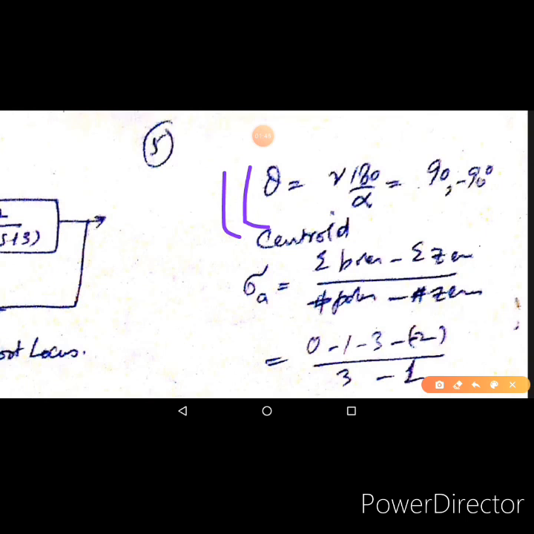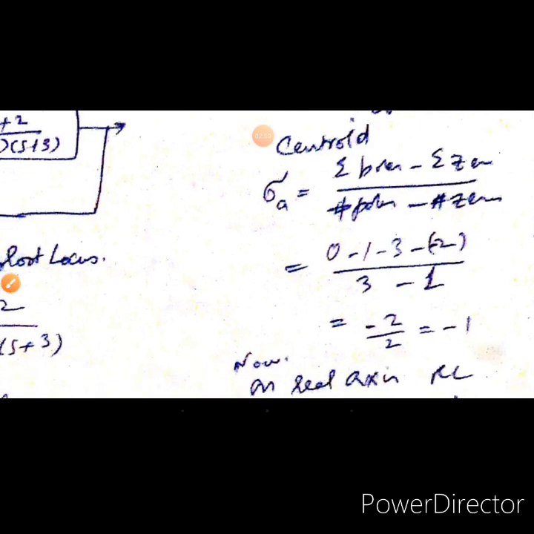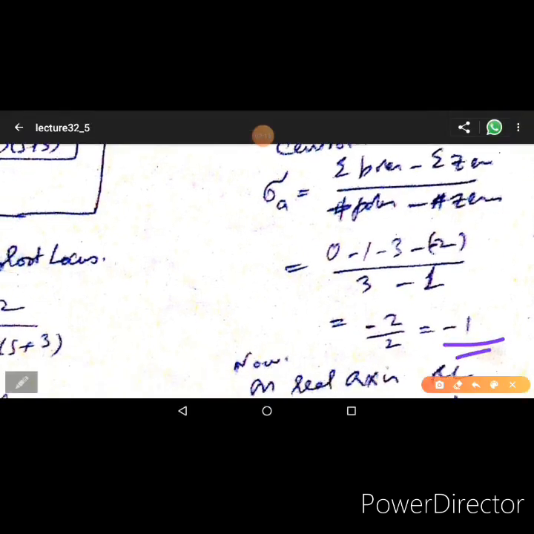The centroid, that is the point on the x-axis where the asymptote lines cut, is obtained by the sum of all the finite poles minus the sum of all the finite zeros, divided by the number of finite poles minus the number of finite zeros. When we substitute the values of the finite poles and the zero over here and solve it, we get the centroid at minus 1, which you can see over here.